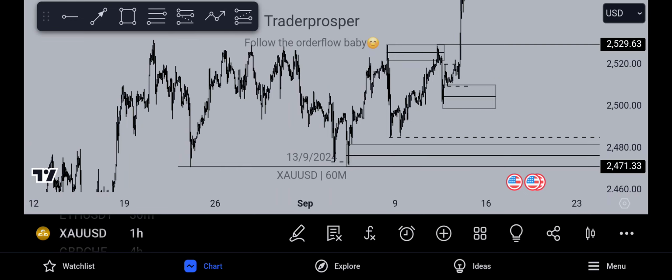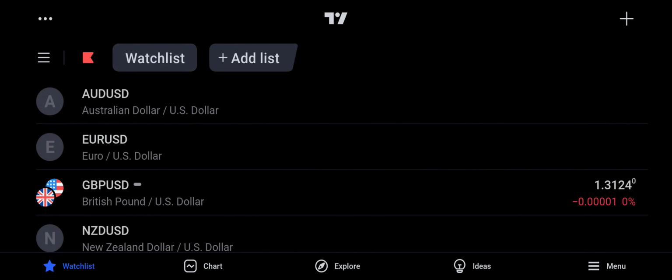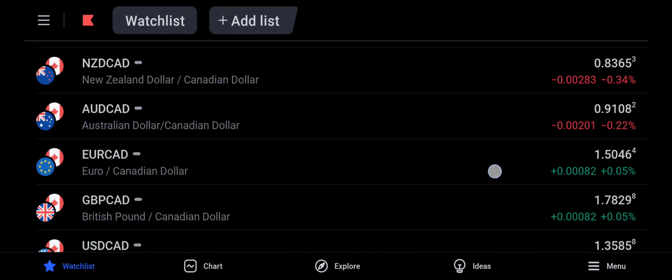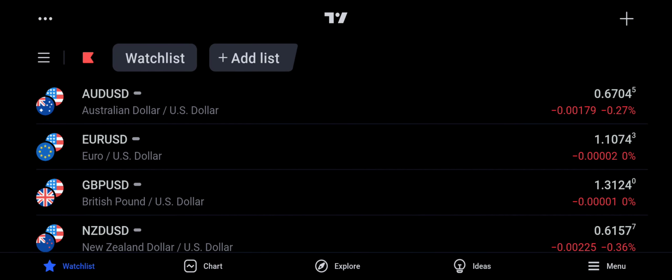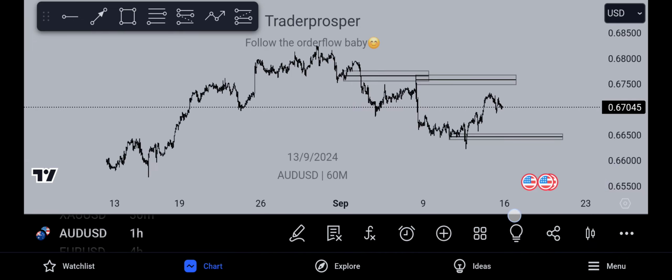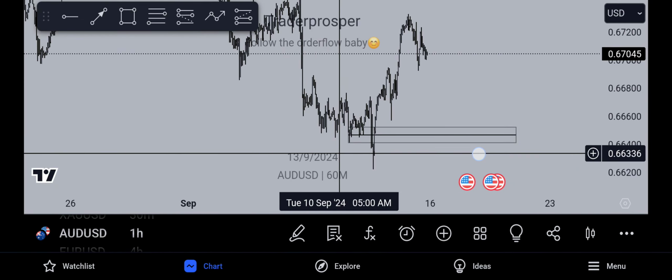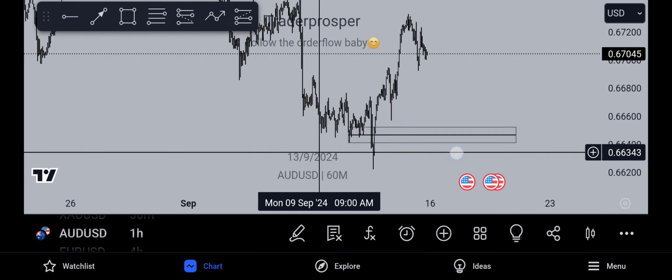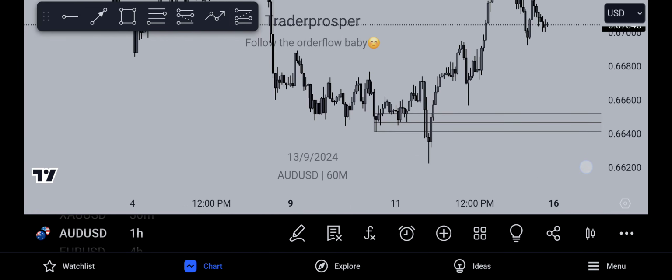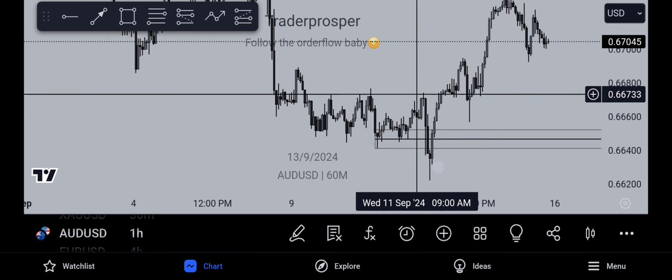Then moving on to forex pairs, I just run straight to the trades I took. Okay, did I take anything on AUD? No. We took trades on AUD.